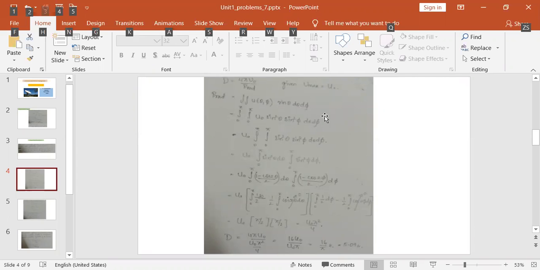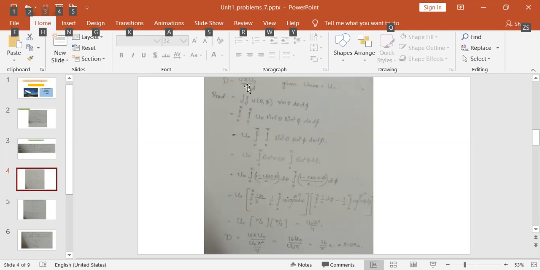So if you solve this by integrating 0 to pi and 0 to pi, we'll get P radiated is equal to U naught into pi square by 4. Then we'll substitute this value in the D expression to get the final value.